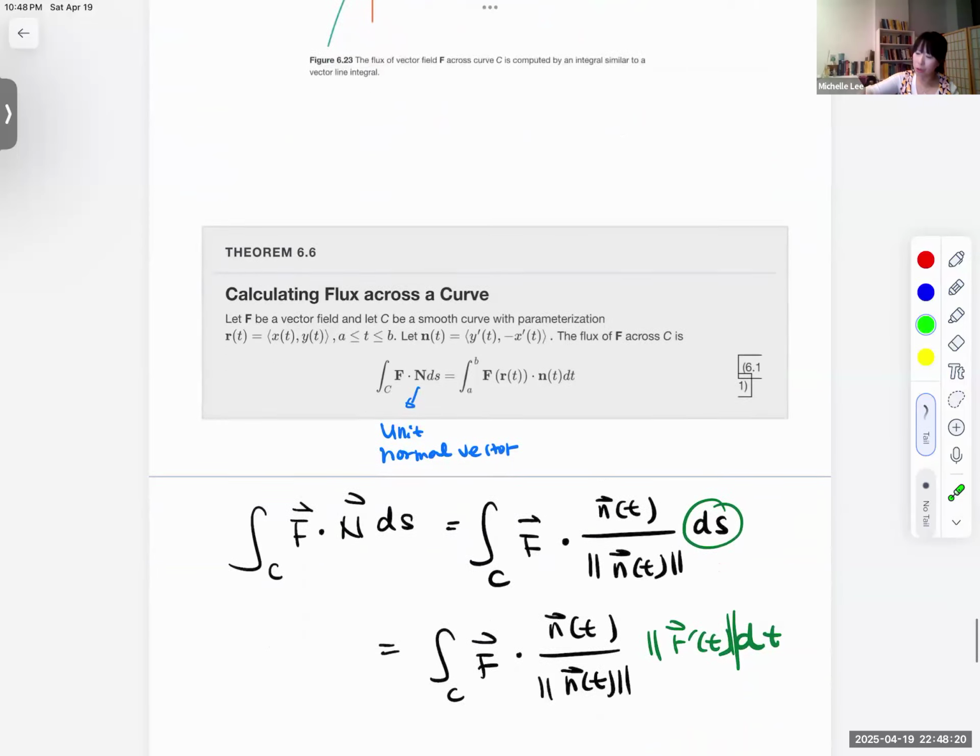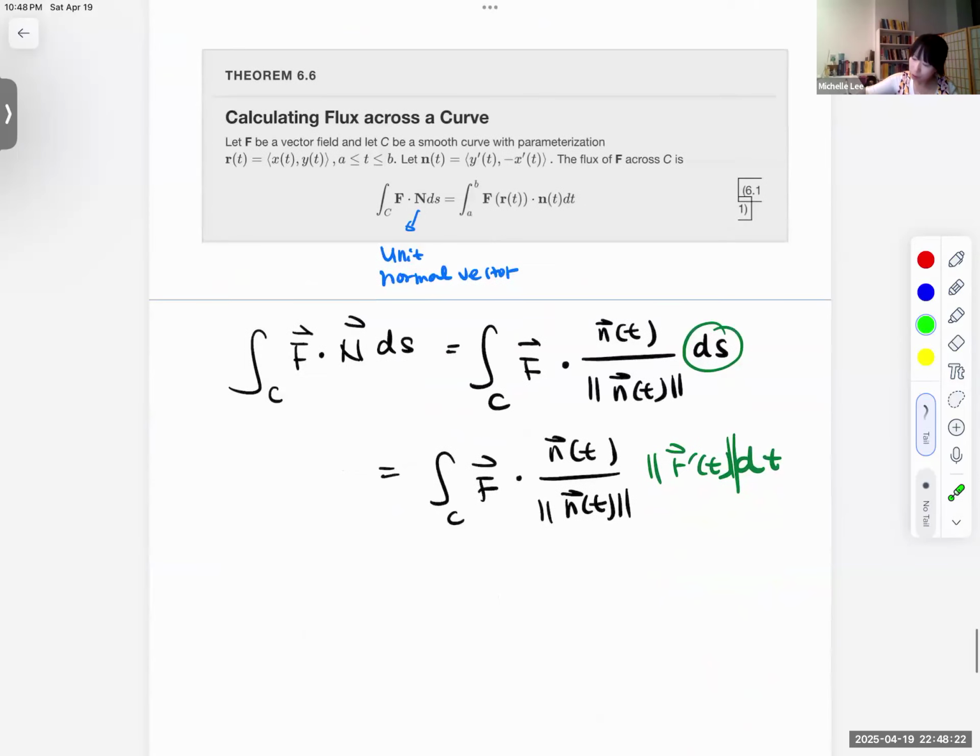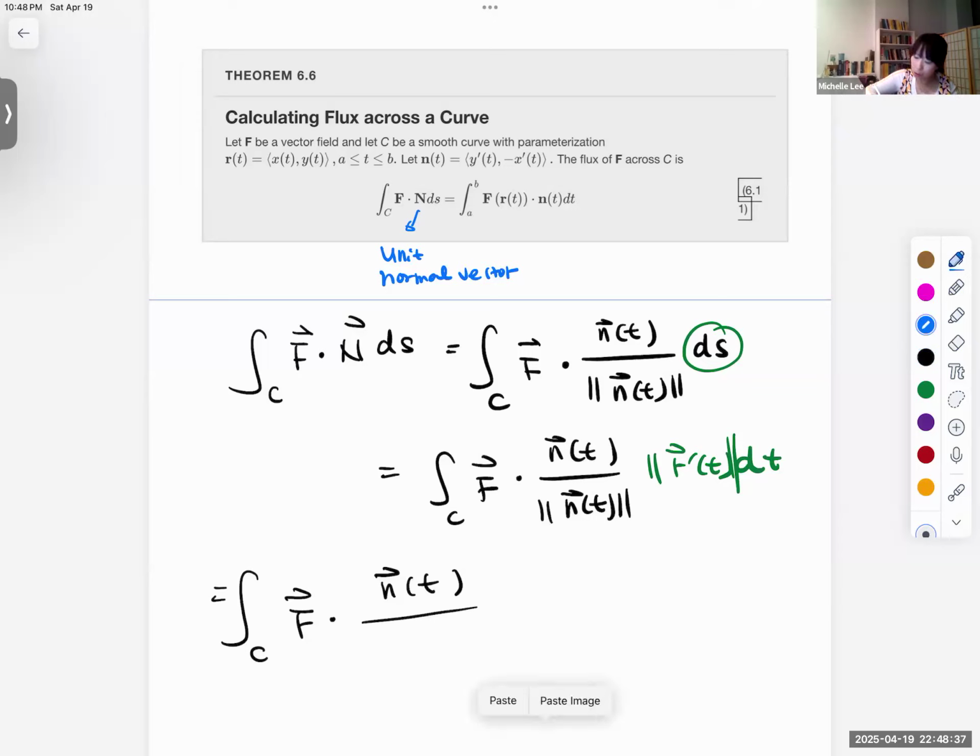Then we take the magnitude, which is the square root of y prime of t squared plus negative x prime of t squared.